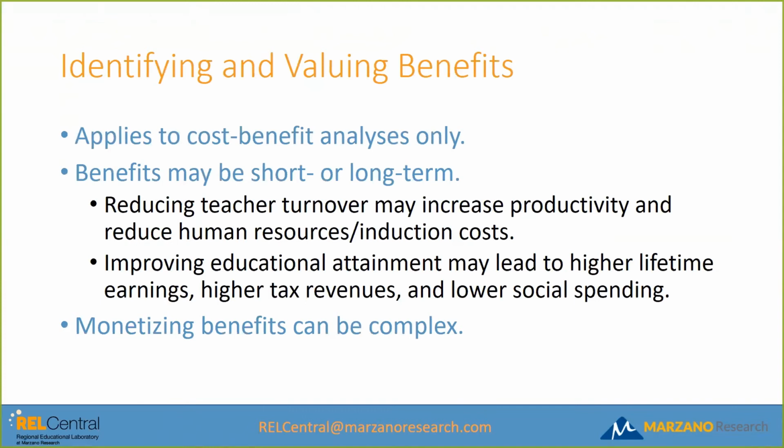So if you have fewer teachers that are turning over, that are leaving the district in any given year, that's going to reduce the cost to the district of having to advertise and process applicants for the teacher position, to get them into the system once they're hired, and provide induction services so that the teacher knows what the curricula are that are being used, all the various things that occur in inducting a new teacher into a school district. So those would be examples of short-term benefits, and they're fairly straightforward and probably could be very easily measured and quantified locally at the district.